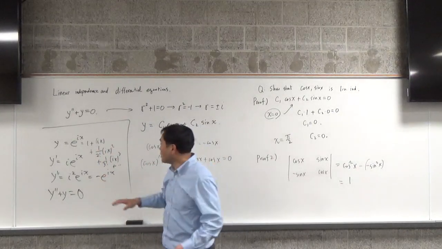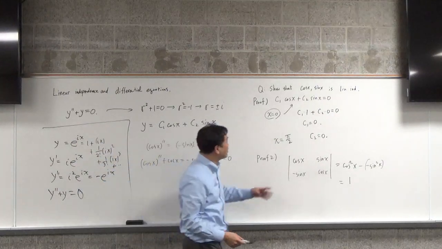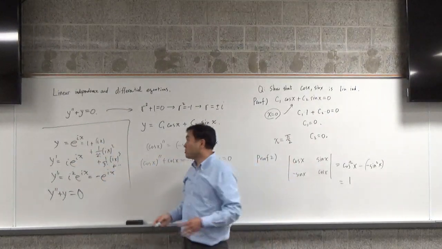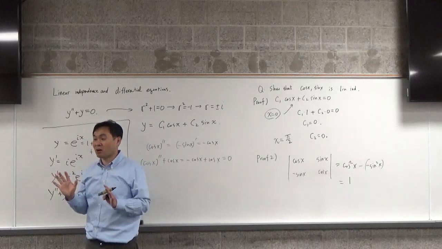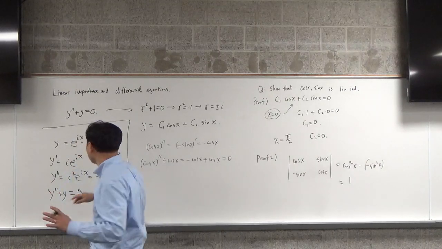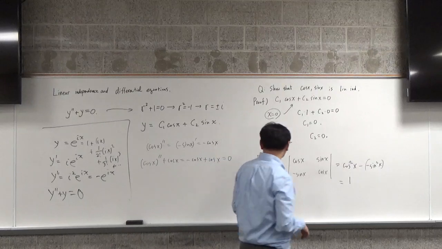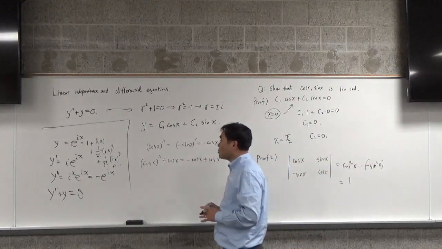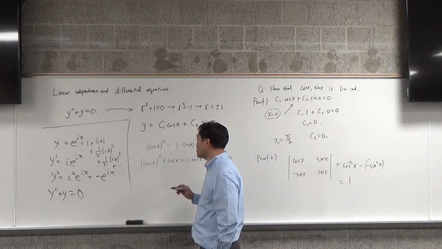So in order to include this as a solution to this, you have to expand this vector space. The vector space should be a vector space over C, not a vector space over R, okay? So let's say we have a vector space over C, and now we have a new element. Then the question is, what do we do? We have two options. One of these two things will be true.